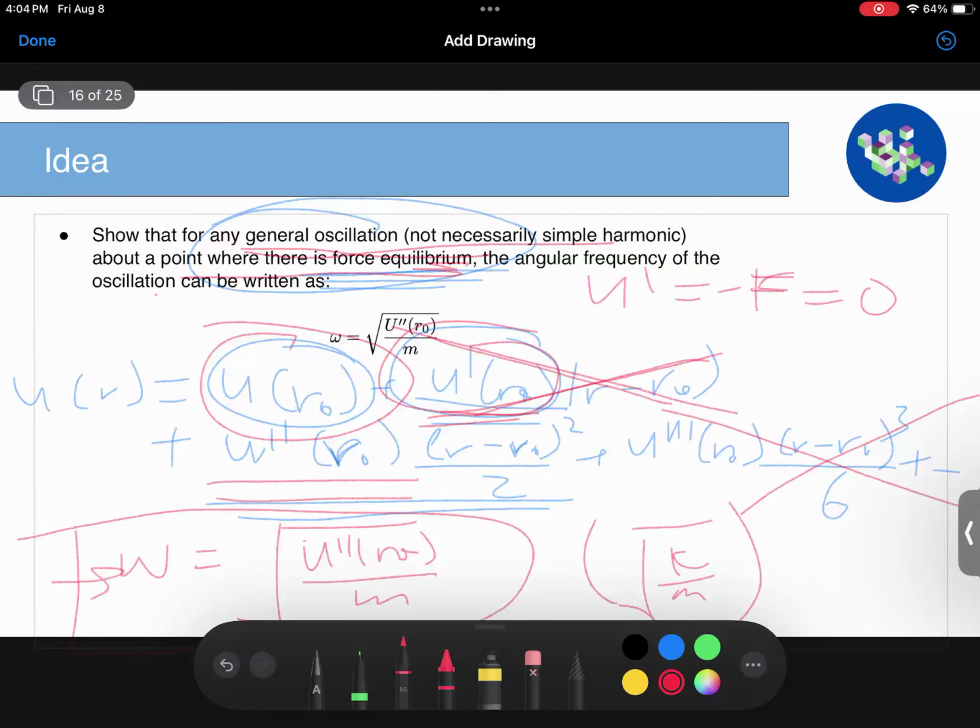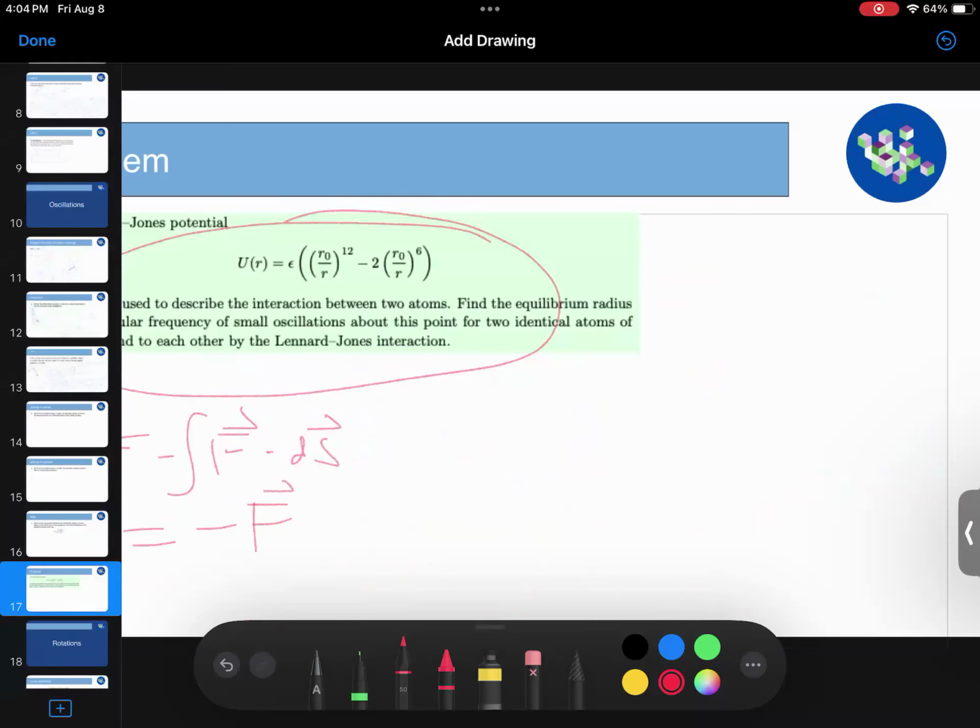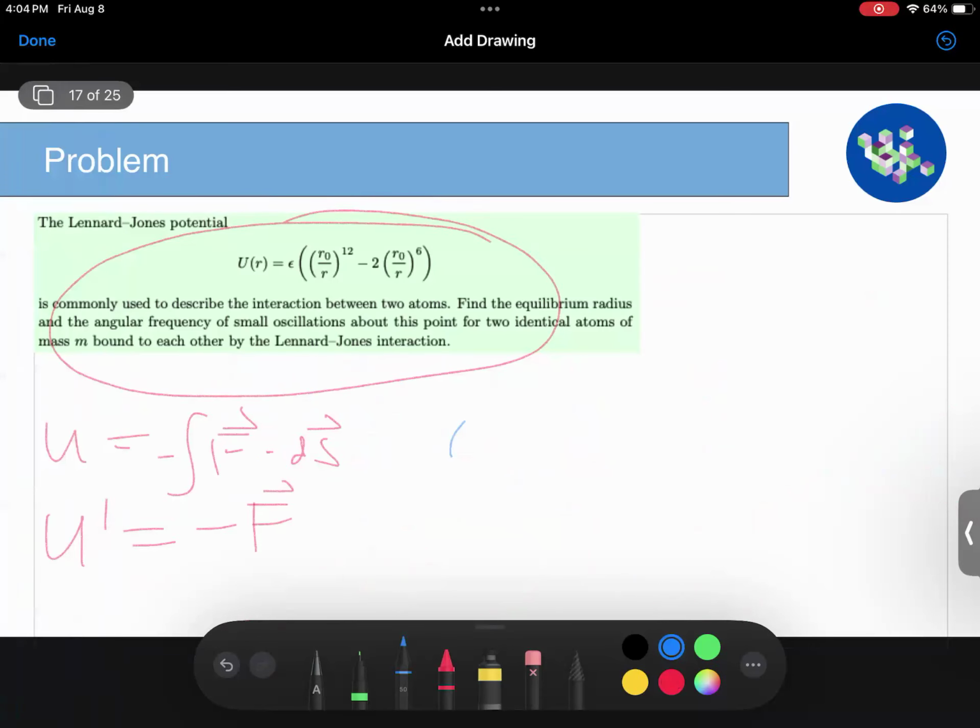Now, as for the U triple prime terms, because we're looking at a small oscillation, R minus R0 is infinitesimal. So if I look at the R minus R0 cube term, how about I draw here? R minus R0 cubed would be infinitesimal compared to R minus R0.